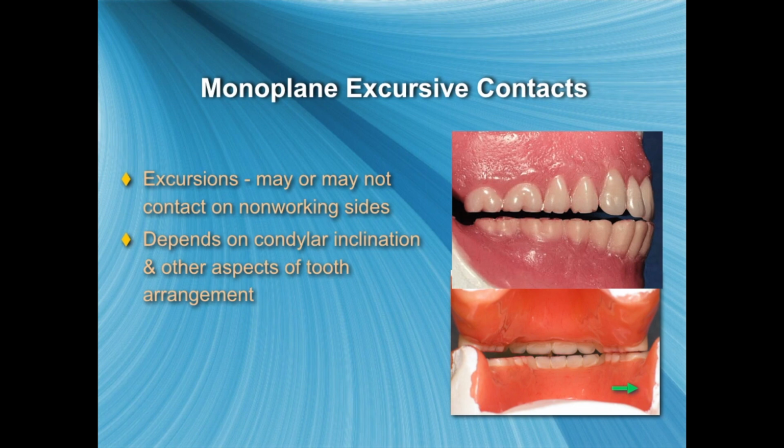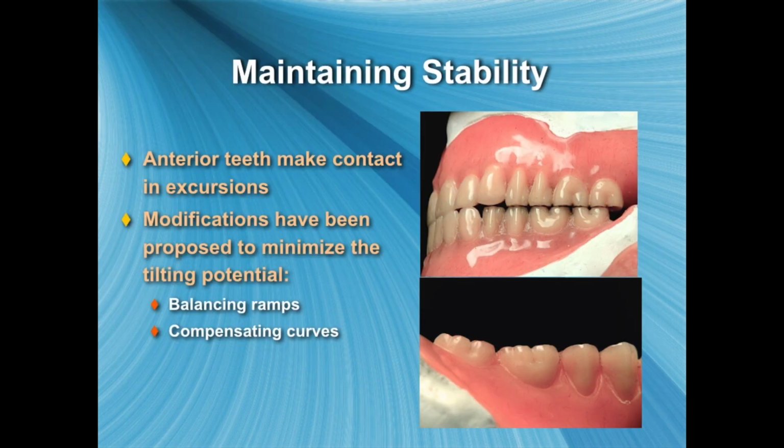So as you see in these two photos, as the patient goes into excursions, there should be contact on the working side, but there may not be any contacts on the balancing side, depending on the steepness of that condylar inclination. With a monoplane occlusion, when the teeth are flat and set on a flat plane, the anterior teeth will make contact in excursions.